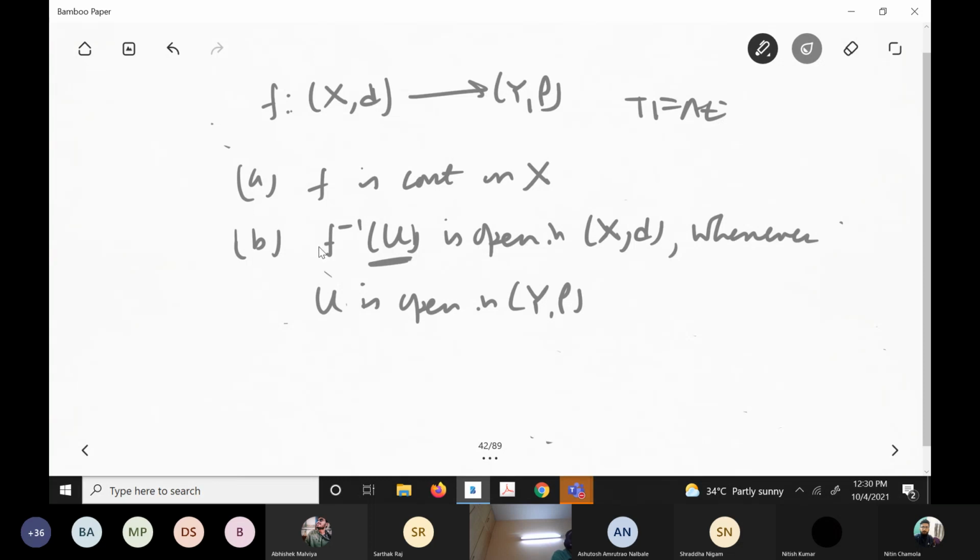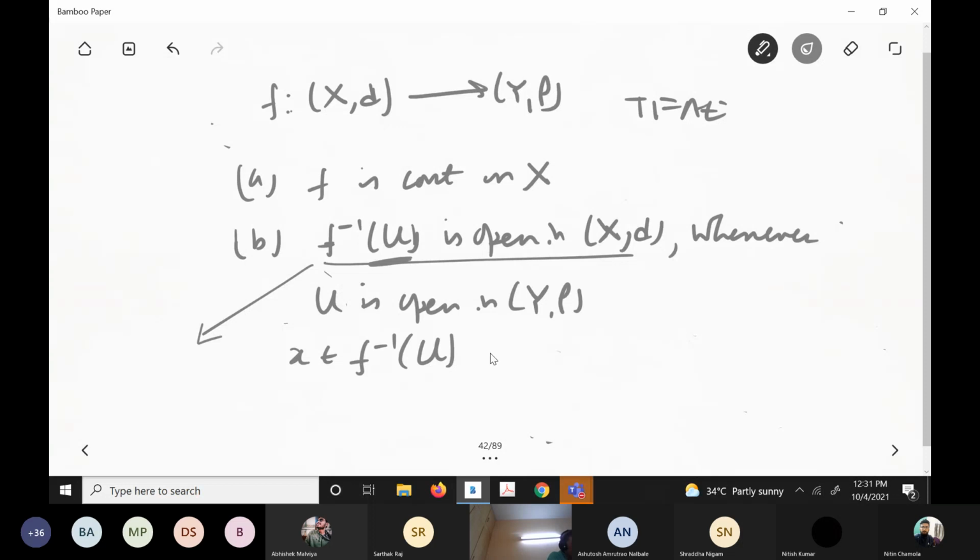Look here, you can read the note I'm telling you. So when you want to prove that f inverse U is open, the only thing you'll have to show, that is the only tool basically you have, you have only the definition basically. You have to show each point is an interior point. Okay. So take any point here. I'll have to show it is an interior point. That means I'll have to show there is a ball around x which is entirely contained inside f inverse U.